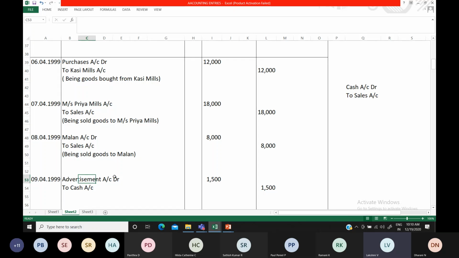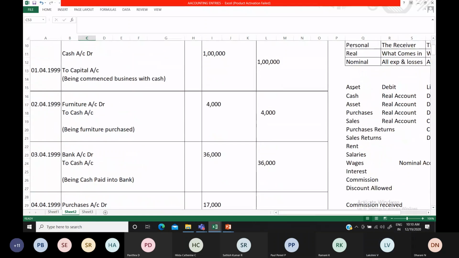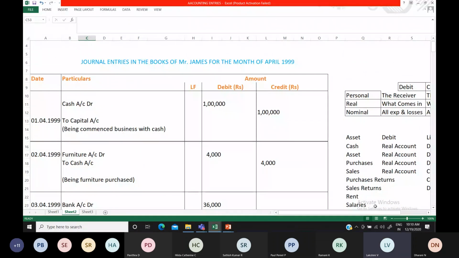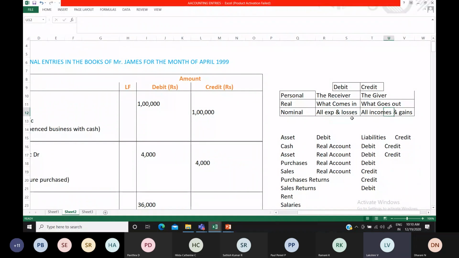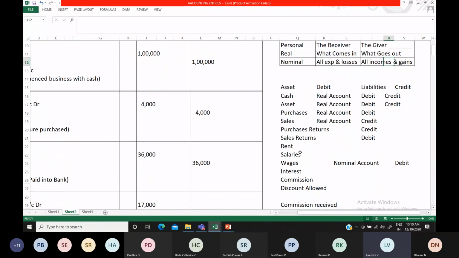Since all the expenses will appear under the nominal account. All the expenses and losses, all the incomes and gains, that is our nominal account rule. Credit all incomes and gains, debit all expenses and losses. So whatever kind of payments you are making, everything will come under the nominal account only, and everything you have to debit only.